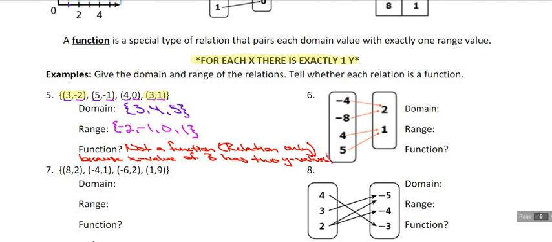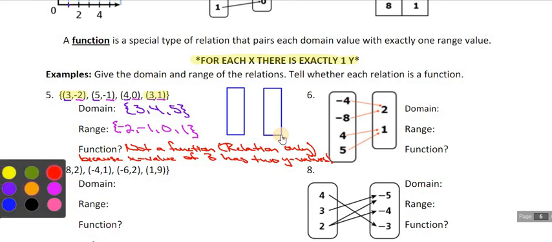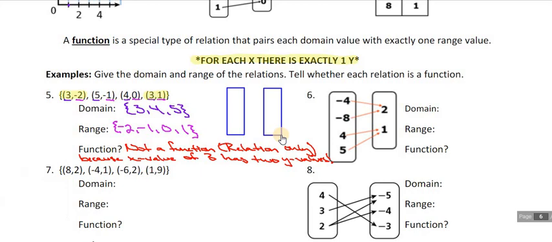Now, how would that look in a mapping diagram? Well, let's make a little mapping diagram. I'm going to make two rectangles. All right, so I'm going to fill in my domain and range in my rectangles.